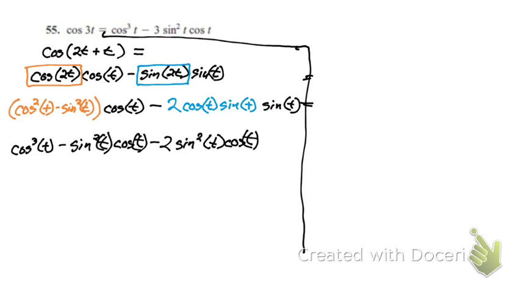And we're done. I have 1 sine squared cosine, and I have 2 of them here. Add them together, you have 3 of them. So that just reduces down to cosine cubed t minus 3 sine squared t cosine t.